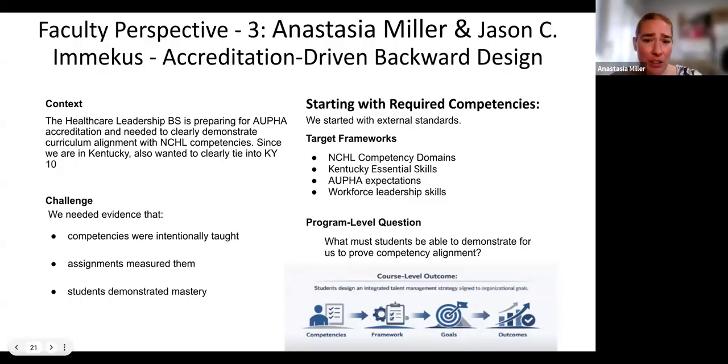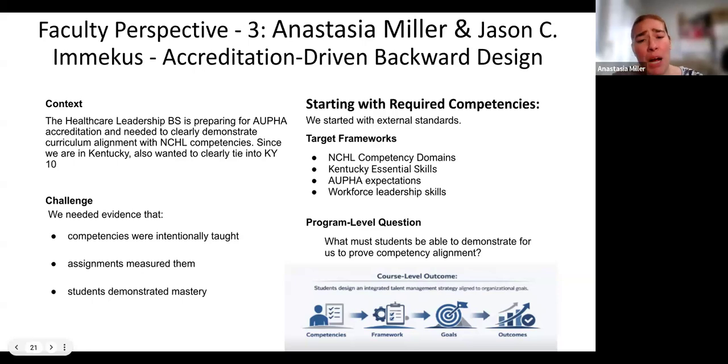They have 18 content criteria. And we decided since we were doing that and had to document this and go through it, it was a good time since we are based in Kentucky to include Kentucky 10 in there because it's all very similar skill sets. It's ones that we expect students to get, if they want to be employed out in the field.